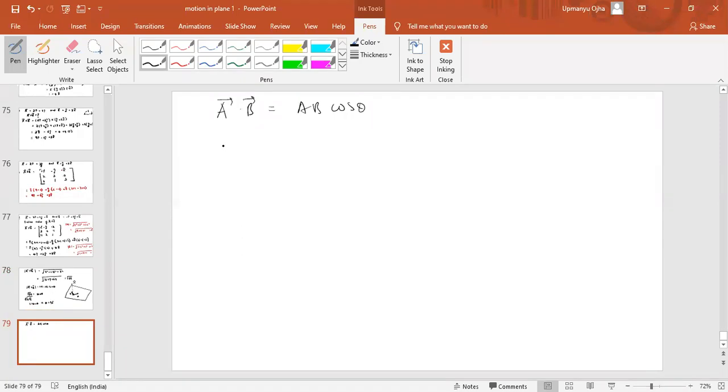If it is A cross B, it is AB sine theta n cap, because A cross B means the answer should be in vector form. To get this in vector form, it should be magnitude into direction. How I got sine theta or cos theta, I'm not telling. This is the formula which you have to remember. Dot product means cos will come. If it is cross, sine will come.